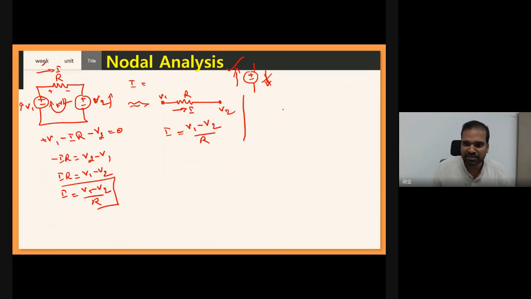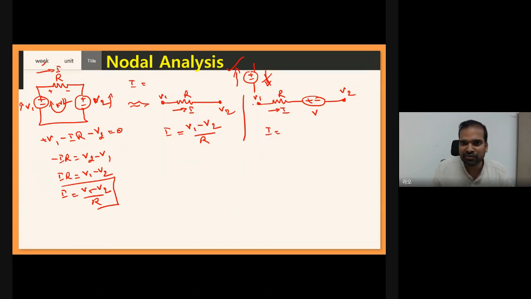Clear. Now the same thing again. Here I am taking V1, a resistor R, and another voltage source V, and here this is V2. Let us consider current is flowing this way. V1 has plus and minus, V2 has plus and minus. Now, without applying KVL, can we write what the current I is? Of course. Current I equals V1 minus V2, the first terminal voltage minus the last terminal voltage.